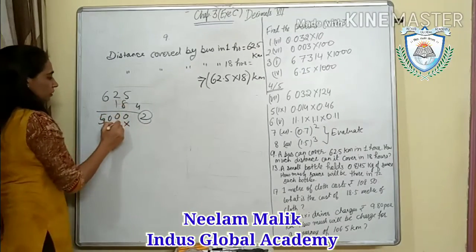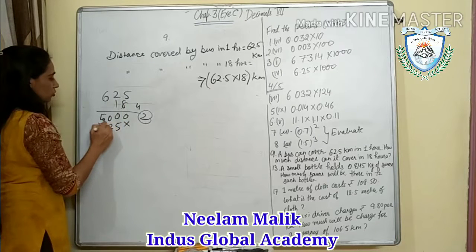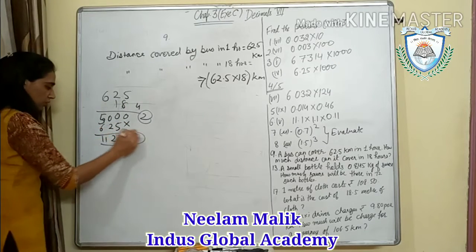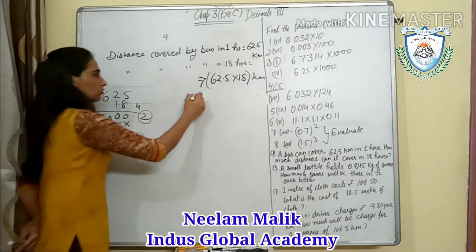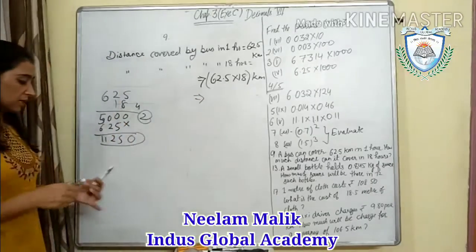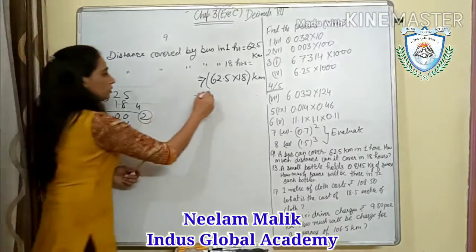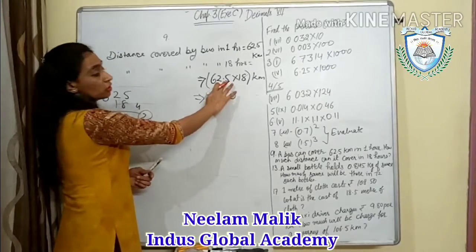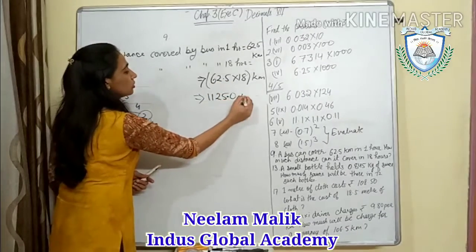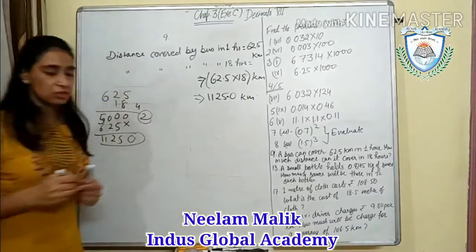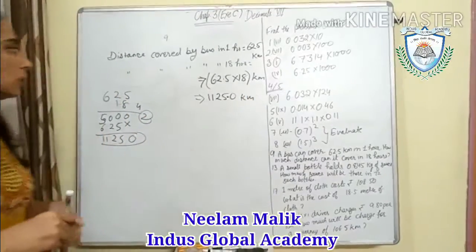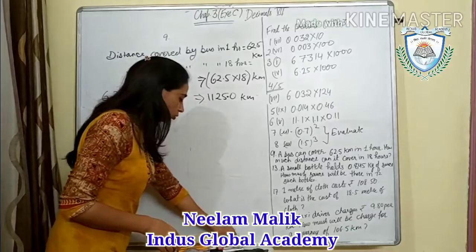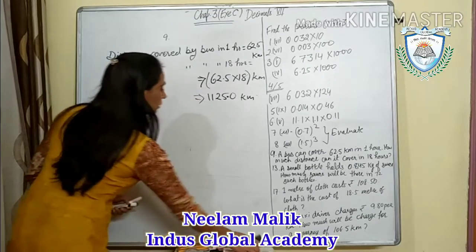So the distance covered by bus in 18 hours is 1125.0. After the decimal there is only one digit, so the point will be placed accordingly. So our answer is 1125 kilometer.